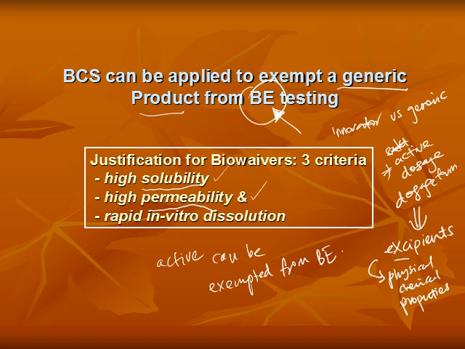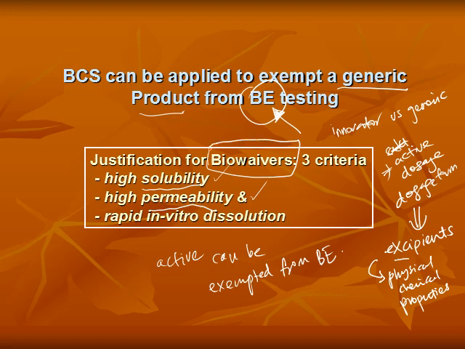Even though we formulate them in different manufacturing sites, they are likely to have the same bioavailability. With that, we do not need to perform a bioequivalence study involving human volunteers. In this case, they can ask for a bio-waiver.